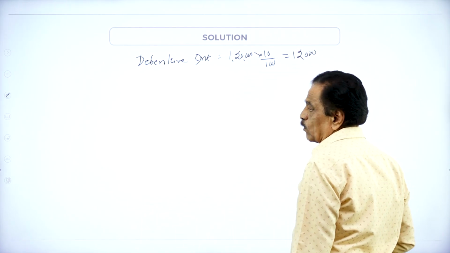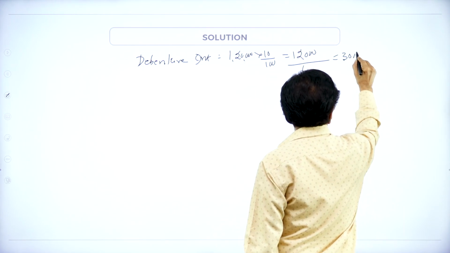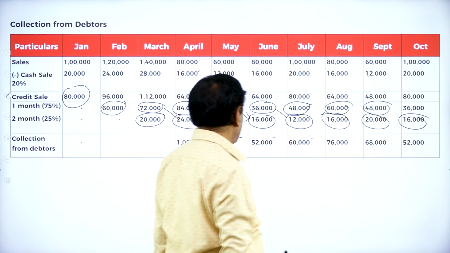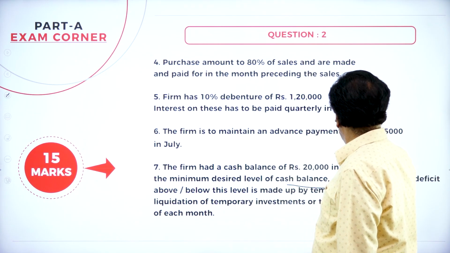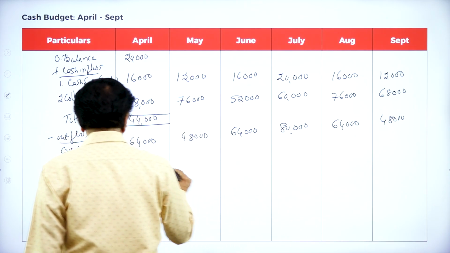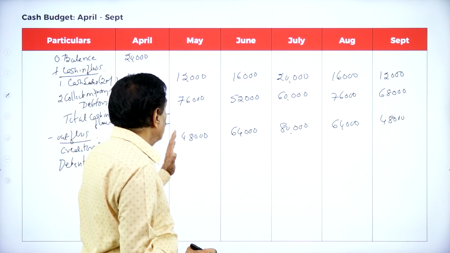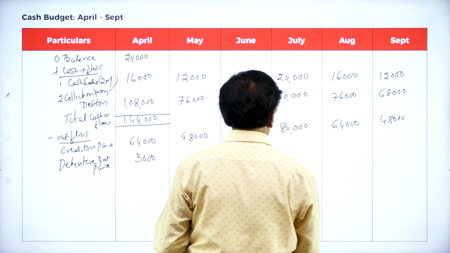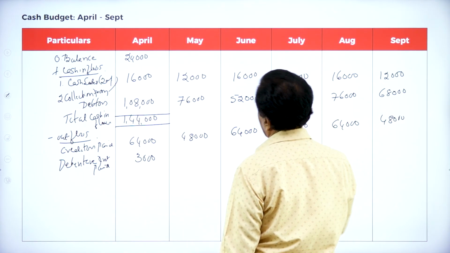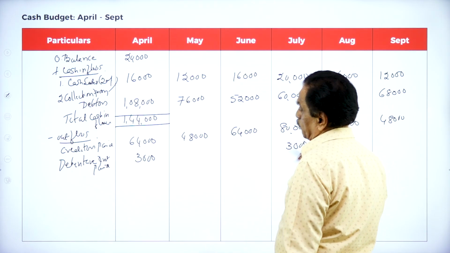Paid quarterly, once in 3 months, 3,000. So every 3 months they are going to pay. Once in which month? It has to be once in January, April. In April we pay 3,000. This covers April, May, June. Then another 3,000 in July, covering July, August, September.